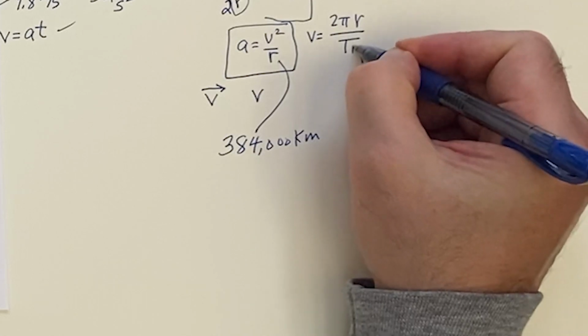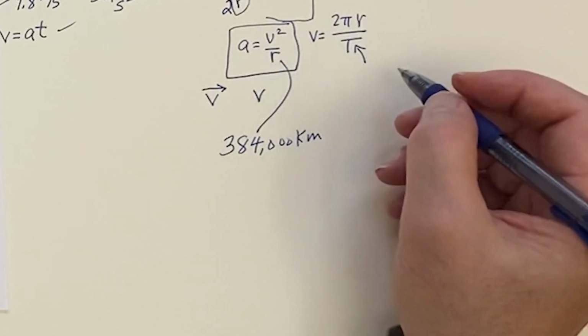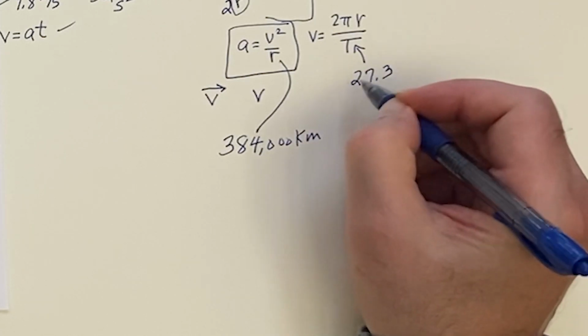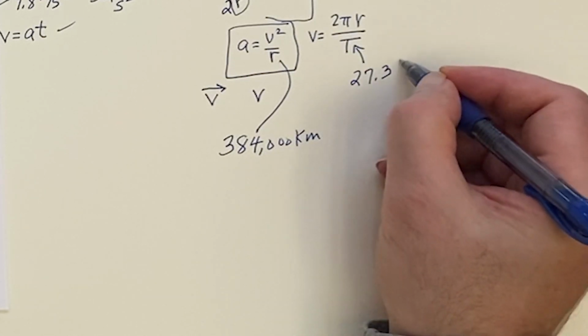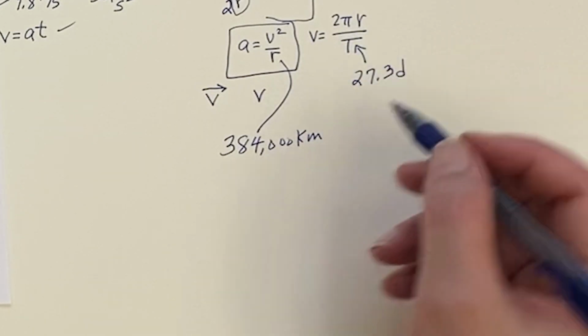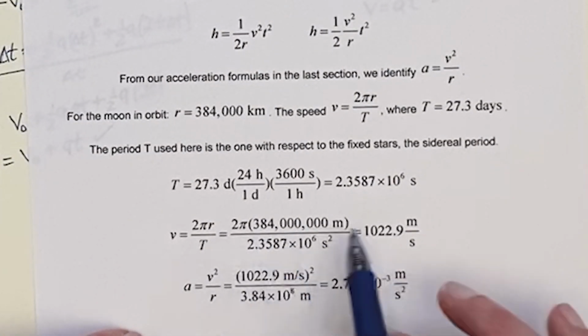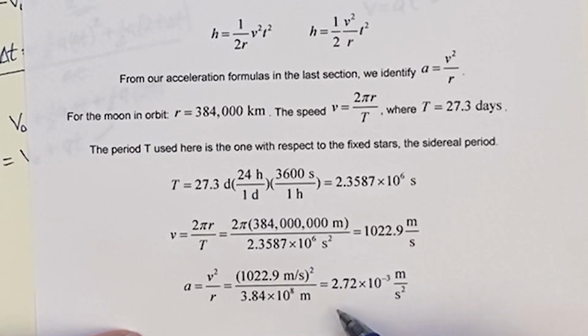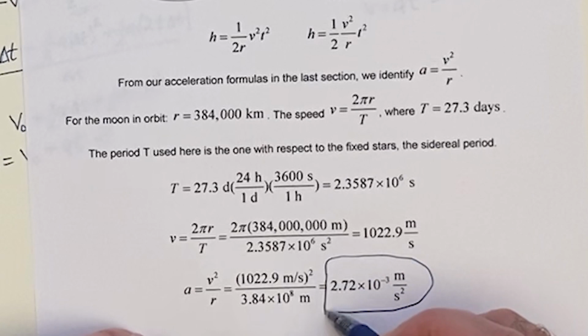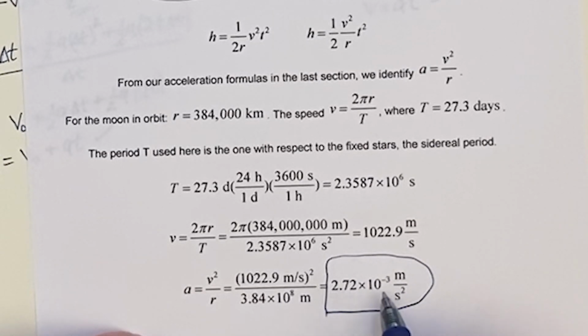Now you would use here the period with respect to the fixed stars, and that's 27.3 days. And if you multiply all of that out, as I do in the book here for you, you get an acceleration right here: 2.72 times 10 to the minus 3 meters per second squared.